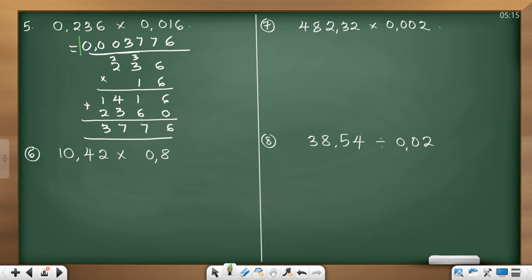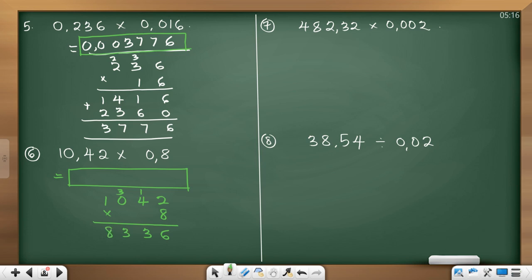Now I'm going to increase my pace, so that is my answer. Let's come here. What do we have? Forget about the decimals. What do I have? 1042 multiplied by 8. It's going to be straightforward. 8 times 2, 16. 8 times 4 is 32 plus 1, 33. Right? 8 times 0, 0 plus 3.